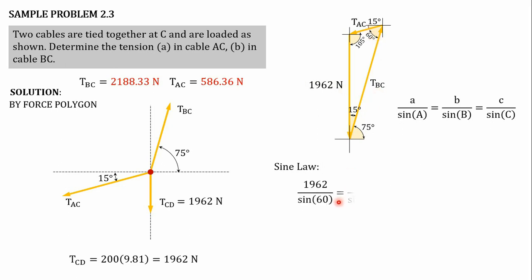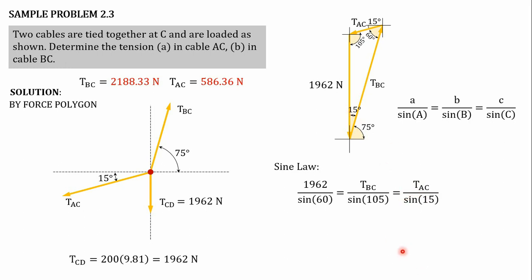Using this formula, 1962 Newton divided by sine of the opposite angle, 60 degrees, is equal to tension BC divided by the sine of its opposite angle, 105 degrees, which is equal to tension AC divided by sine 15 degrees.